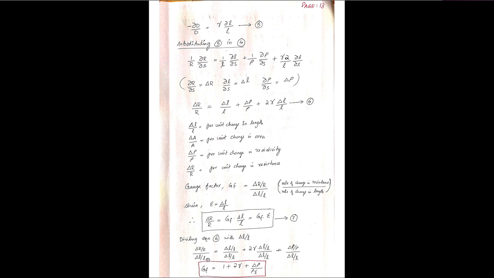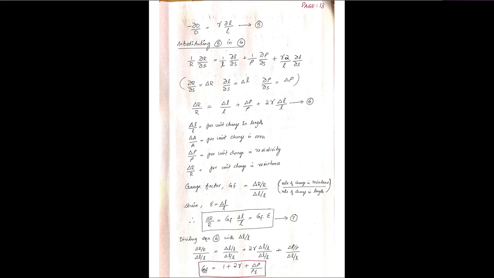The first term becomes 1, the ratio cancels, so we get 2 nu plus delta rho by rho divided by delta L by L. Delta L by L we can write as epsilon. So the gauge factor is equal to 1 plus 2 nu plus delta rho by rho epsilon.